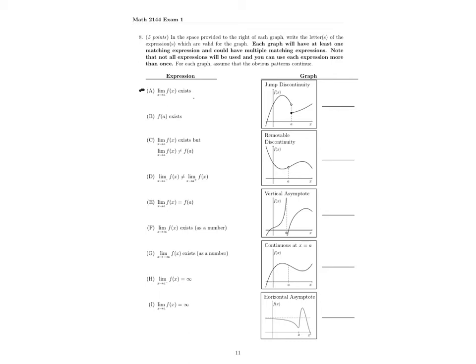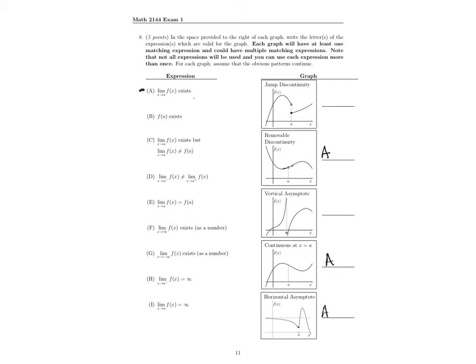So for this jump discontinuity, that does not exist. For the removable discontinuity, the left and right-hand limits are the same, so A works here. For the vertical asymptote, the limit does not exist. For the continuous one, the limit does exist. And for the horizontal asymptote, the limit at A does exist, so there.